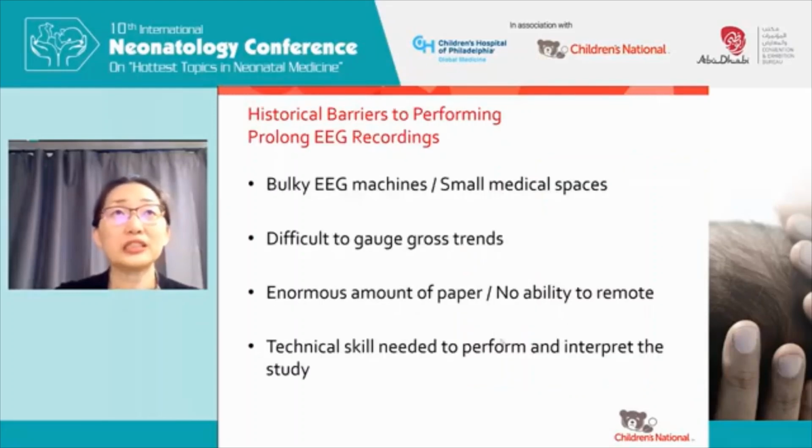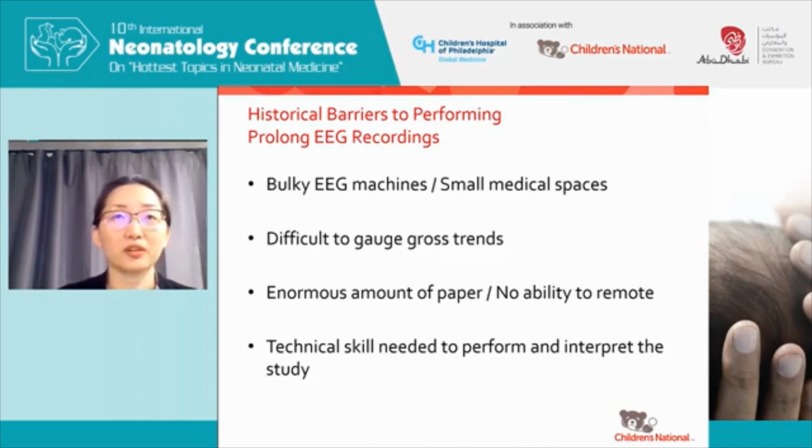So obviously you can see the barriers of performing prolonged EEG recordings at the bedside. They were bulky. The medical bed spaces back in the day were much smaller than they are now. It was difficult to gauge gross change in trends over a period of minutes, much less hours or days.